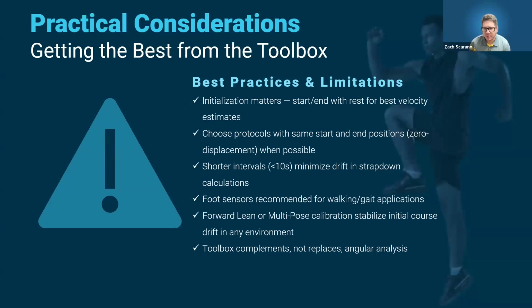And then as far as calibration is concerned, using the forward lean or the multi-pose calibration, even for a single sensor, can still help stabilize initial course drift in any environment. And one thing I want to note, of course, is that the Translation Toolbox does not replace the angular analysis, but it complements it by adding these outcome metrics that really help answer functional real-world questions.